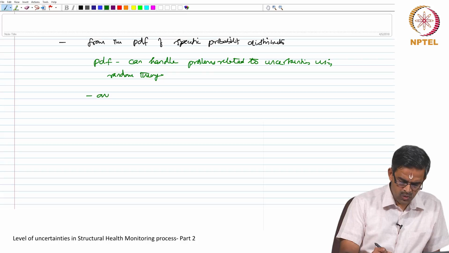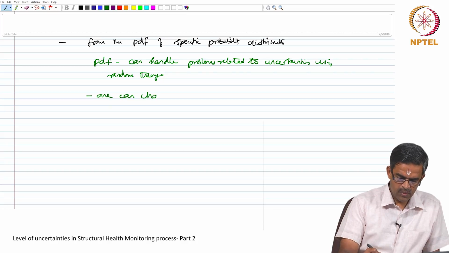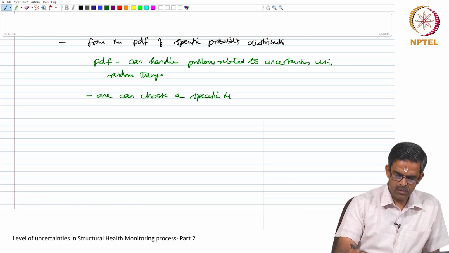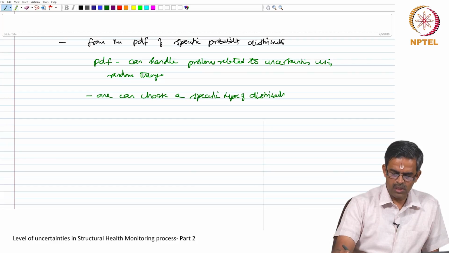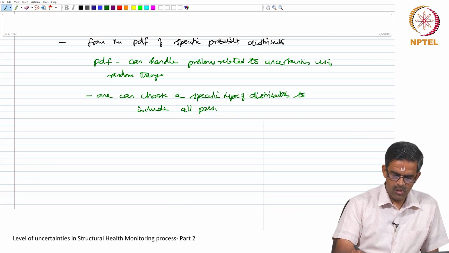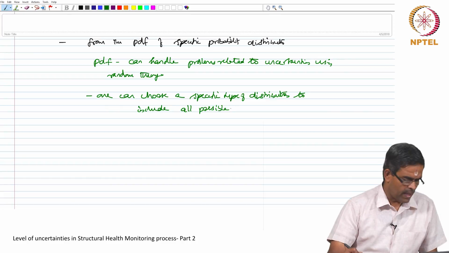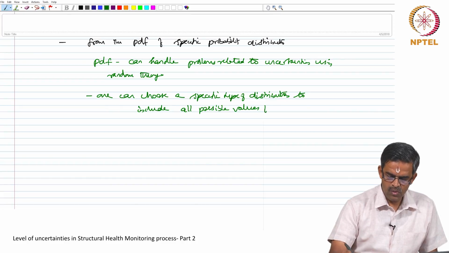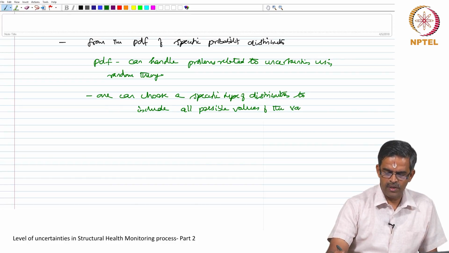So, one can choose a specific type of distribution, that is probability distribution, to include all possible values of the variable.